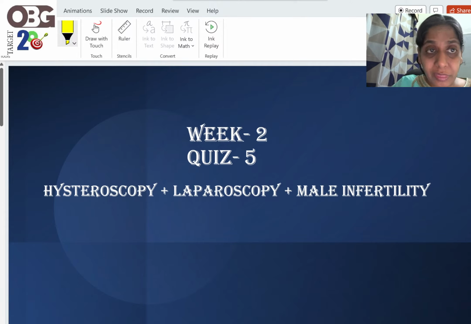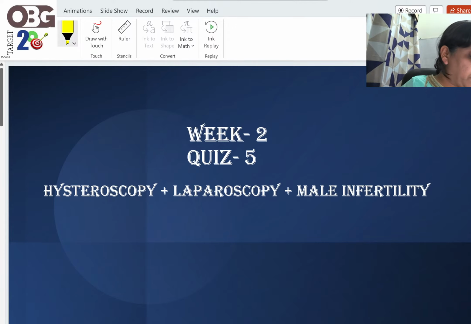In Kallmann syndrome, there is no hypothalamus functioning, right? And in Klinefelter syndrome, there is testicular failure. And in Y microdeletion, again there is a testicular failure. So in the rest of the options, even if you don't know, you can rule out.